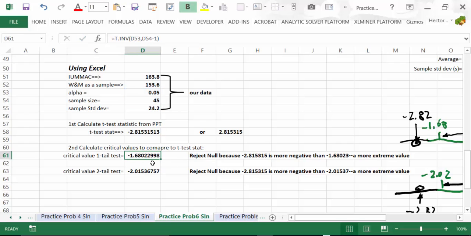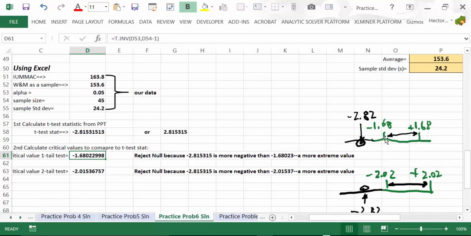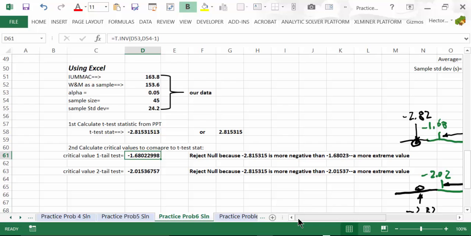So here's our value. We ask the question, is this value more extreme than this value? Well, yes, it is. If you look at the drawing that I have over here, here are the two values of negative 1.68, positive 1.68, and negative 2.82 is more negative than this value. So we reject the null hypothesis because it is more extreme than the value here.